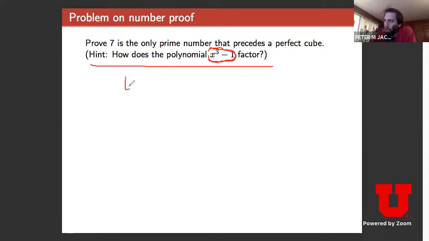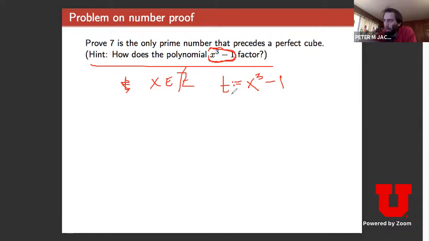So we take a number, a perfect cube. So let x be in the integers. Then we're going to assume that x cubed minus 1 is prime. I've just denoted t as x cubed minus 1. So t is prime.